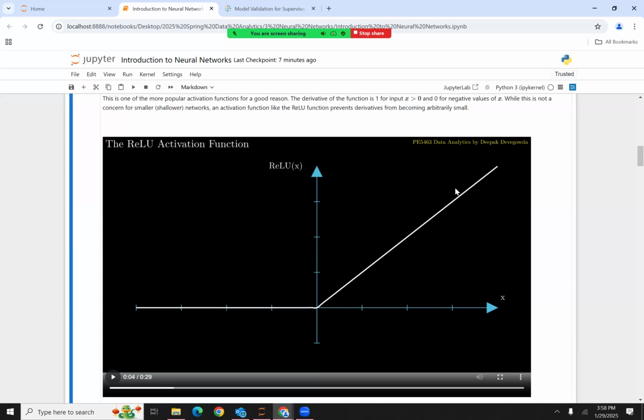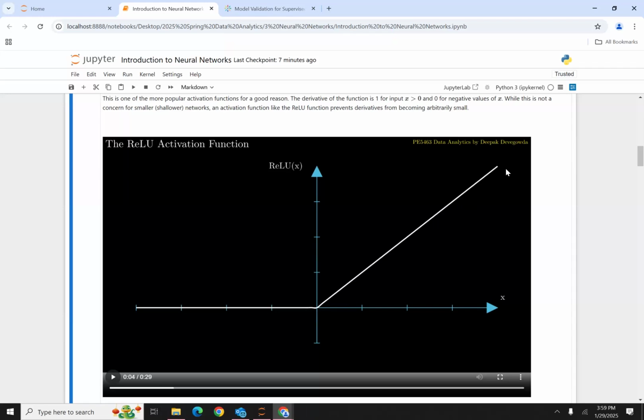And for positive values of x, the output is x. So essentially, the slope of this line is 45 degrees. It's a 1:1 line. And this ReLU function is really useful for us and one of the most commonly used activation functions because it's simple.